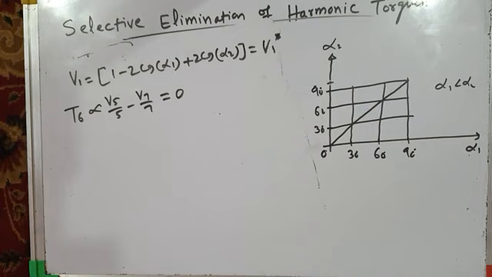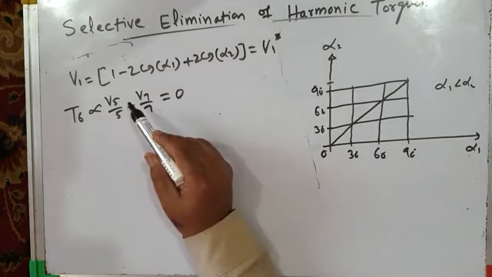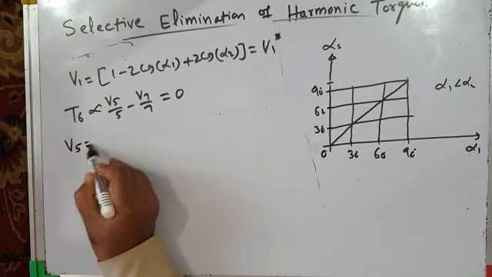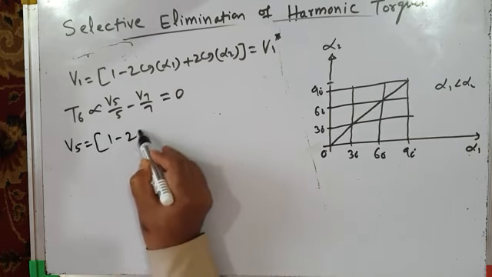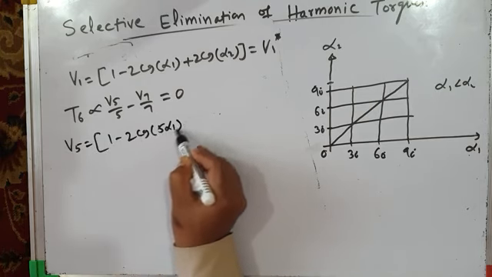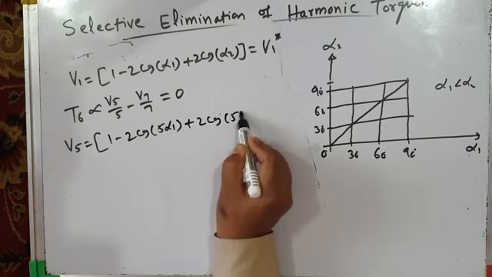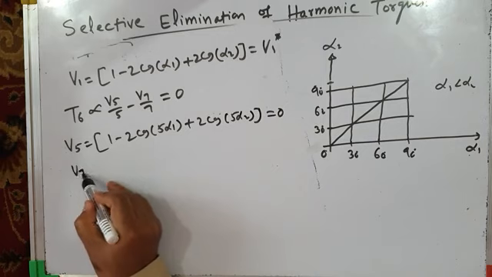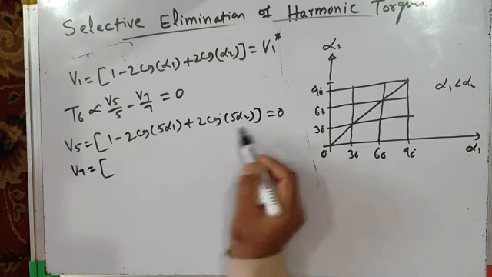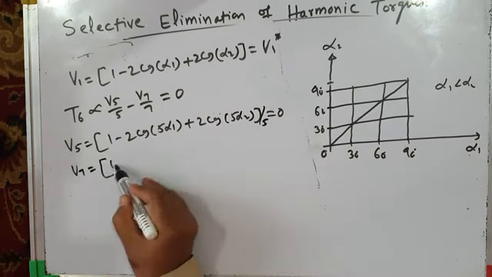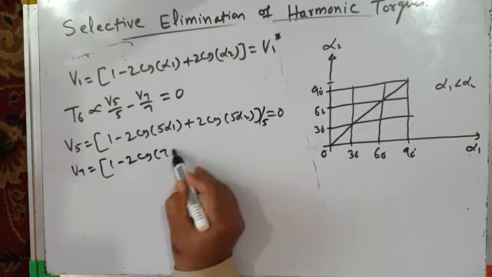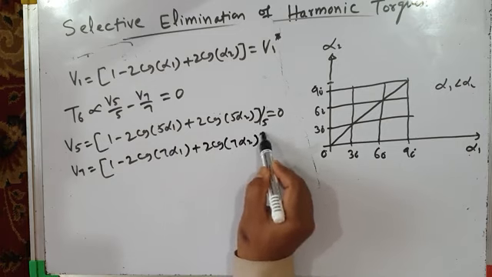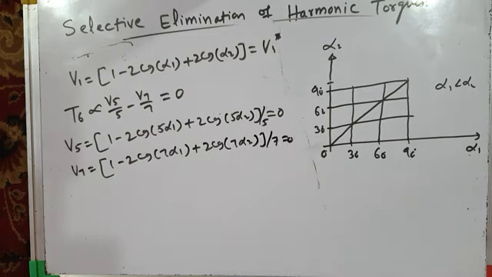And we already know, if you want to make your fifth harmonic component of voltage, V5 equal to 1 minus 2 cosine of 5 alpha 1 plus 2 cos of 5 alpha 2, if you want this equal to 0, and you want V7 also, which is, of course, this is divided by 5, this is 1 minus 2 cos of 7 alpha 1 plus 2 cos of 7 alpha 2, whole divided by 7, equal to 0.